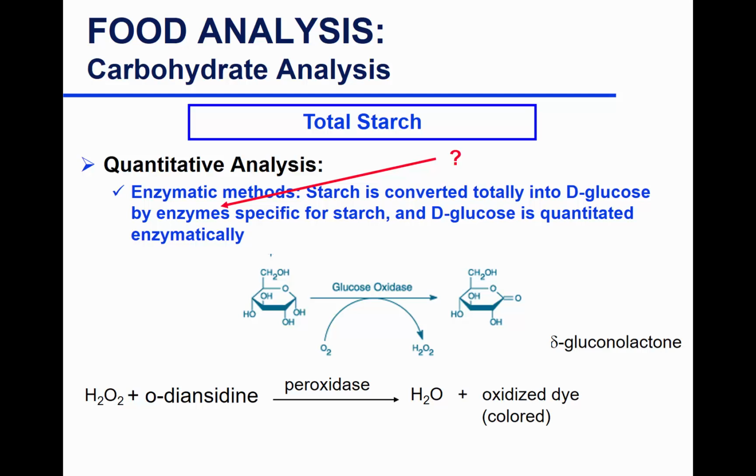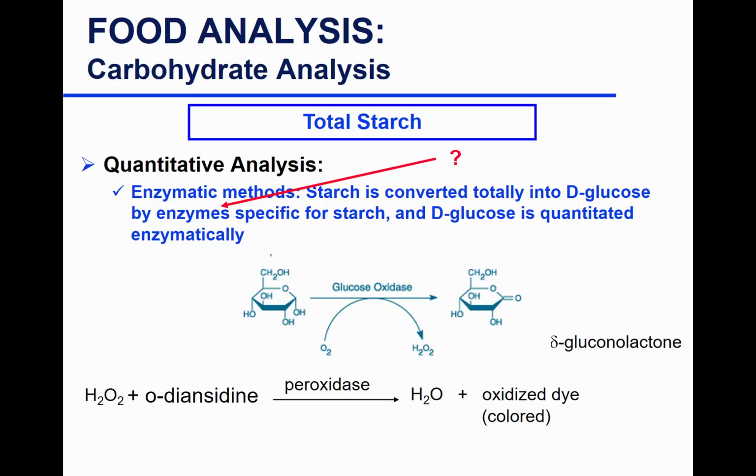So you will form a peroxide as a side product, and the peroxide will oxidize a dye, a specific compound or molecule, with the use of peroxidase for oxidation, and then you would generate an oxidized dye that is colored, and that would be your measuring reaction.